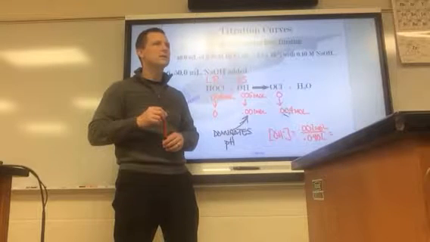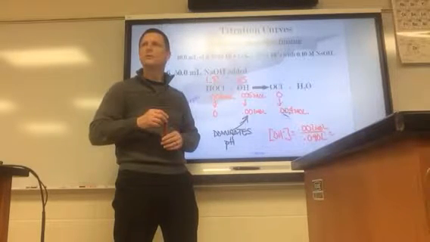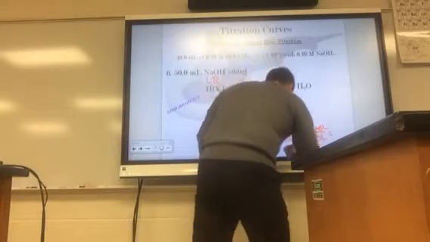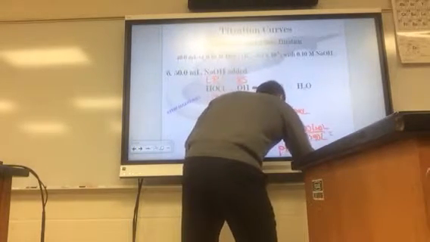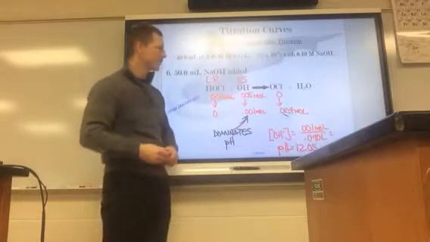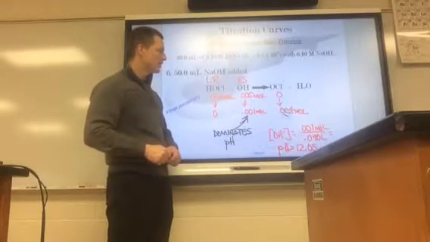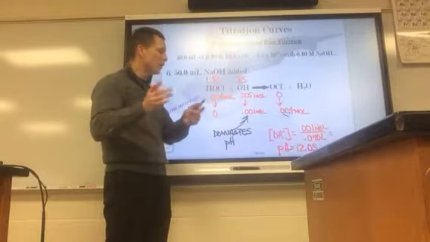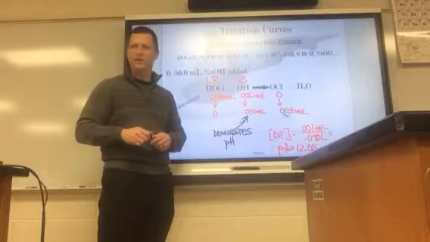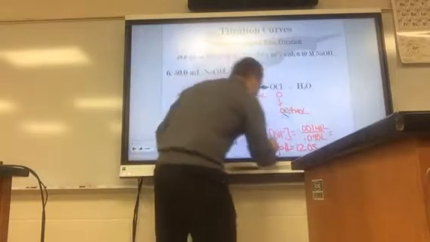What is it? 12.05. pH equals 12.05. No, the pOH would have been like 1.95, and then the pH is 14 minus that. Yeah.